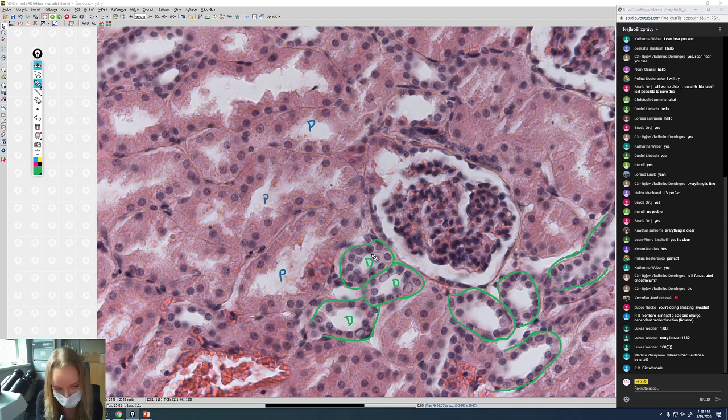You can see it right here. They are smaller, and you can see all the nuclei around the tubule. So it's also a simple, mostly cuboidal epithelium. These cells are smaller, and they're not as eosinophilic as the proximal tubule.